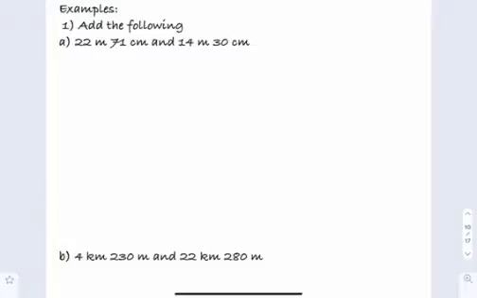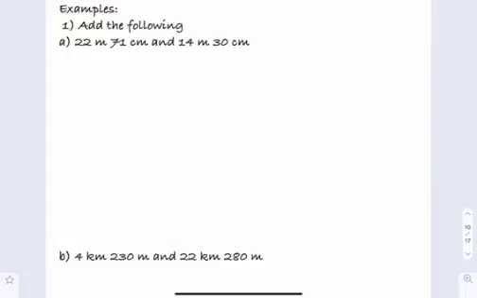Children, these are the problems from your textbook exercise 8.2. We will try to solve together. I'll be happy if you also try to solve it along with me. Now, we have a problem: add the following, 22 meters 71 centimeters and 14 meters 30 centimeters.